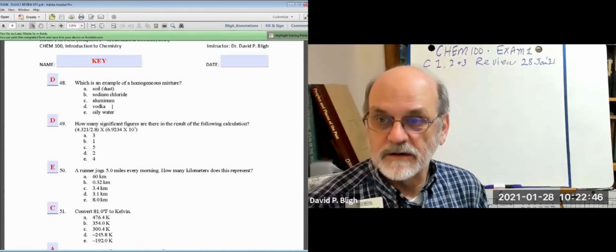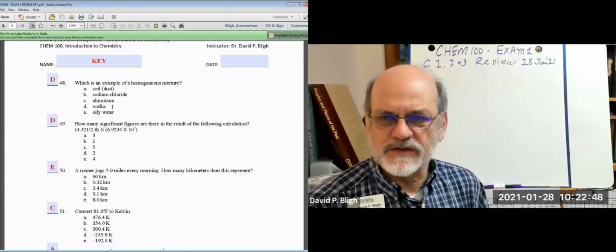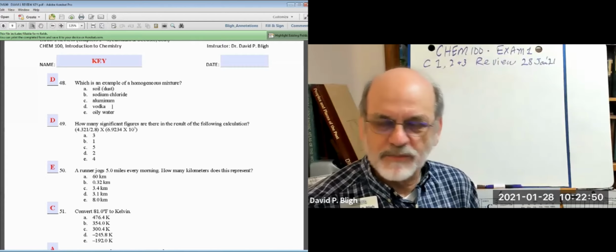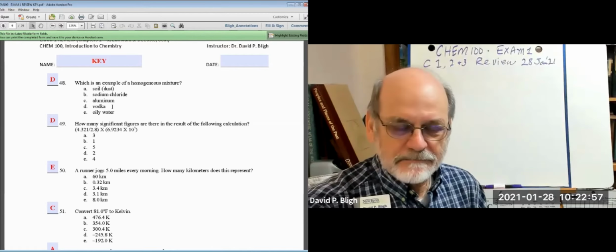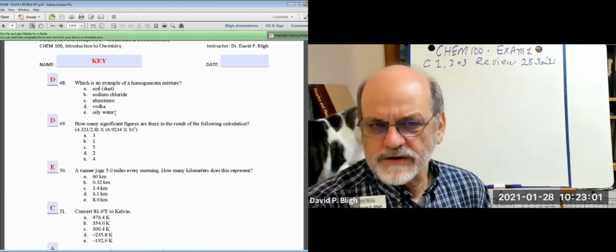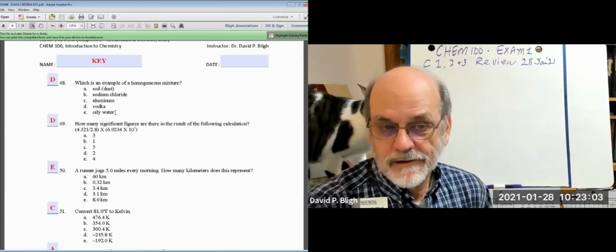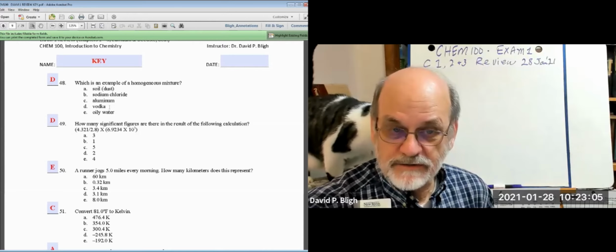Oil, vinegar, seasoning. I like to use Mrs. Dash. It's simple. You put it in your container and just shake the hell out of it and then dump it on your salad before it separates. Well, it immediately starts to separate. So it's heterogeneous. The only one that's homogeneous is vodka, right? Water and alcohol.